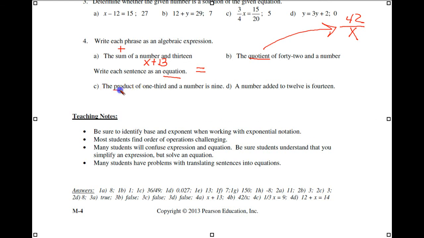So again, what operation does the word product relate to? That's multiplication. So 1/3 and a number. Again, no signs between them indicate multiplication. And the word is translates into equal 9.